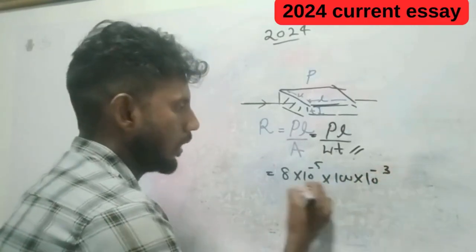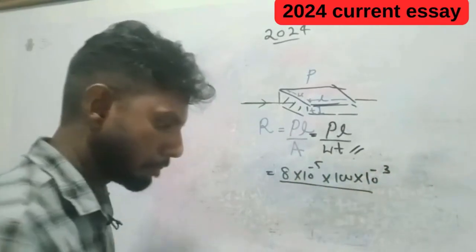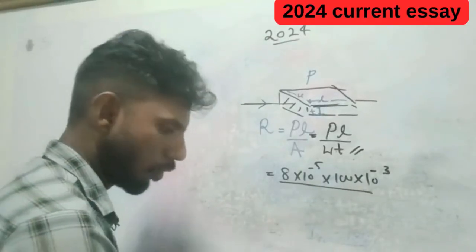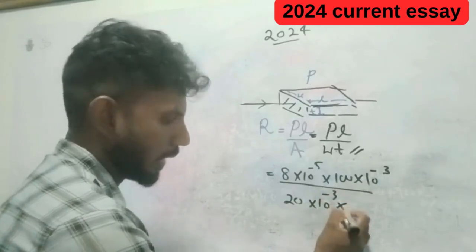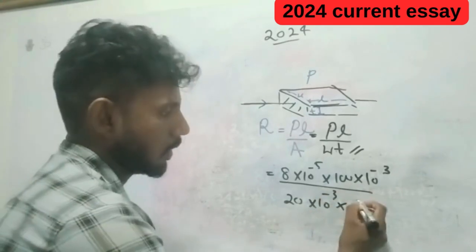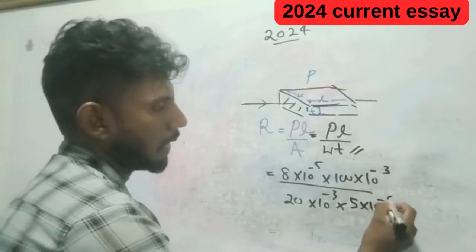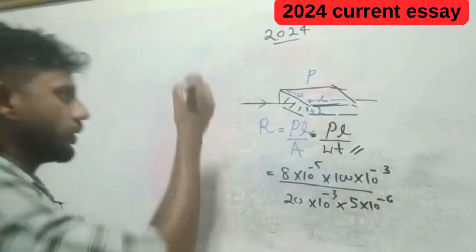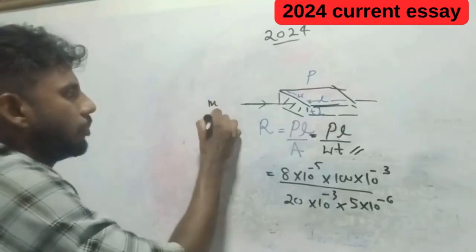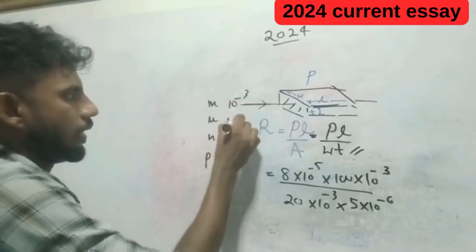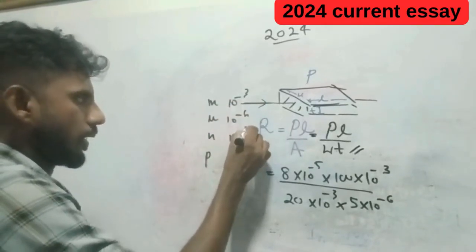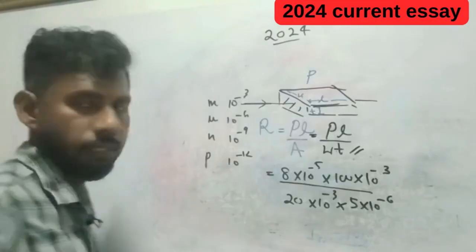Remember students, 10 to the power minus 3, and W, of course, 20 into 10 to the power minus 3, and 5 micrometers, 5 into 10 to the power minus 6. If you do not remember these things: milli, micro, nano, pico, 10 to the power minus 3, 10 to the power minus 6, 10 to the power minus 9 and 10 to the power minus 12.